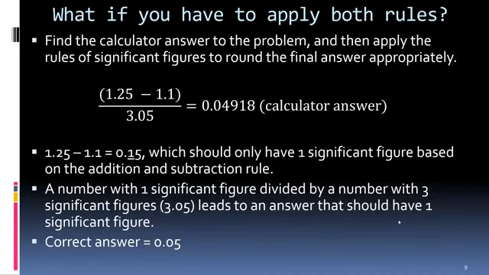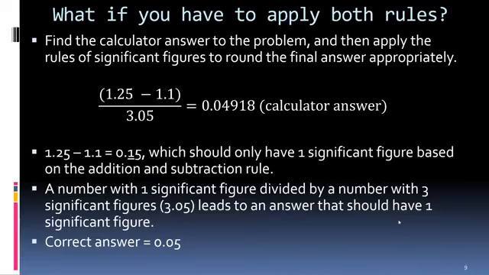Looking first at the subtraction, 1.25 minus 1.1 indicates that 1.1 is the least precise of those 2 numbers, and it has its final digit in the tenths place, which means the only significant figure in your answer to that subtraction belongs in the tenths place. The subtraction on the calculator is 0.15. However, the only significant figure retained is the 1.